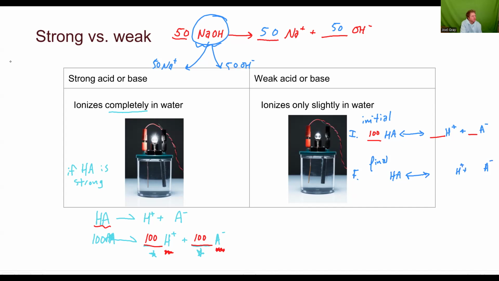What do we got? This is where it only partially ionizes, in which case we're going to end up with 90 molecules of HA.